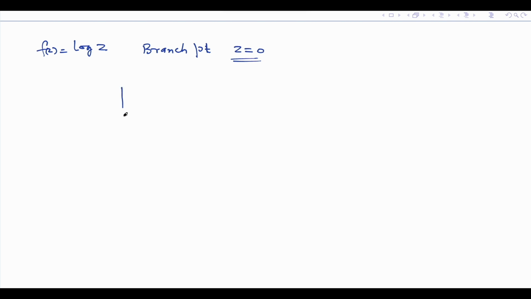And if you see here this function, then what you have to do is, this is the branch line, and you can say that z equal to 0. z equal to 0 means y is less than or equal to 0 is the branch line.